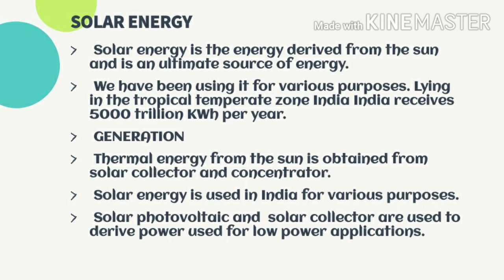When the sun's radiation strikes them, the sun's energy gets converted into electricity, and it is used in calculators, watches, and telephones. When these photovoltaic cells are grouped together, they form a solar panel that we usually see. In places where there is a deficiency of electricity supply, we see the solar panels.